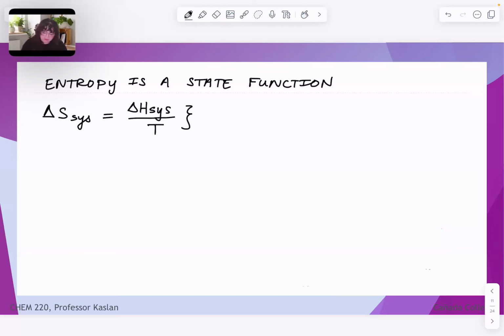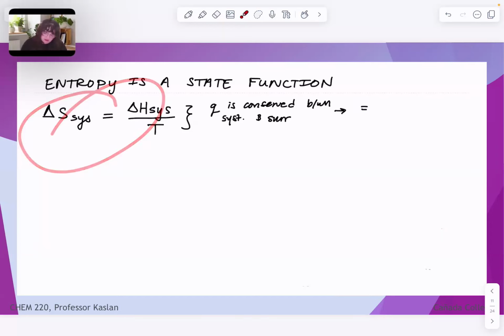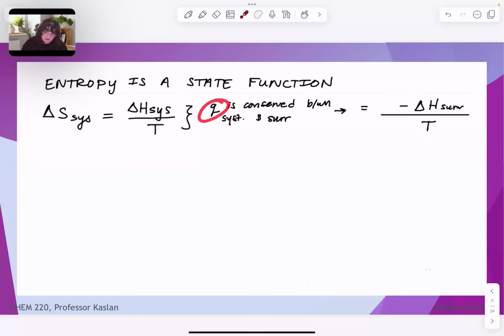So then we can use this to re-express our entropy equation in terms of the change in heat of the surroundings divided by temperature, times -1. So we're flipping the sign because all of the heat that leaves or enters the system is the equal and opposite amount as leaves or enters the surroundings.